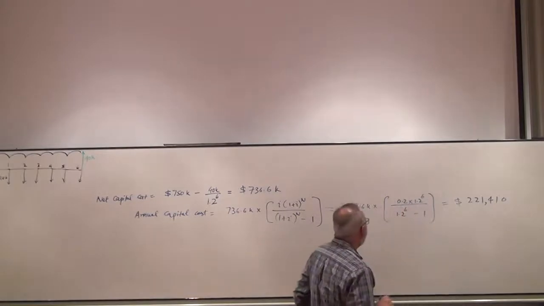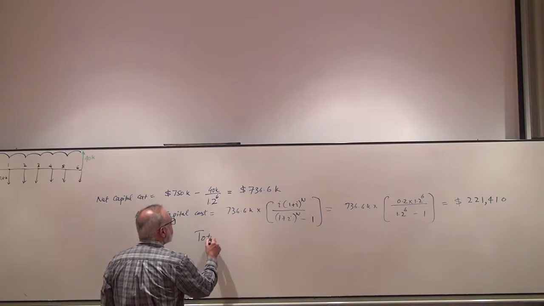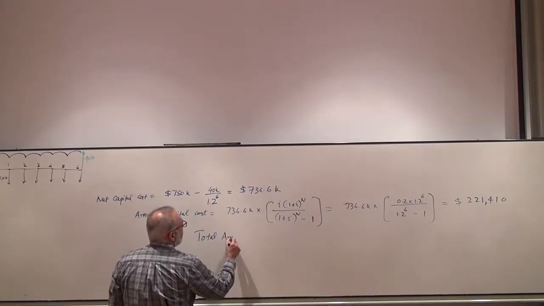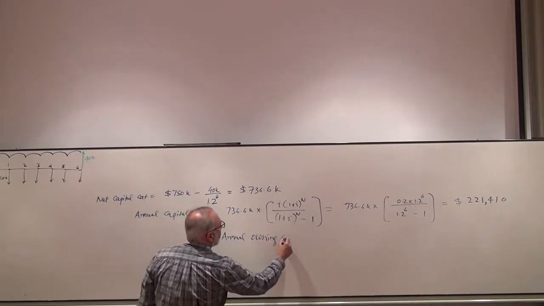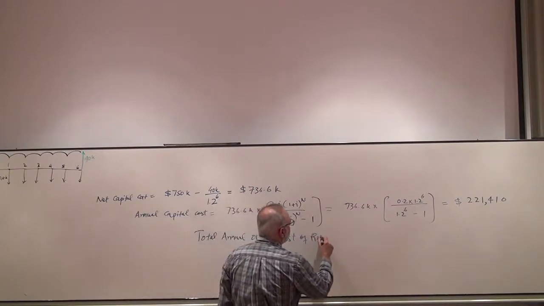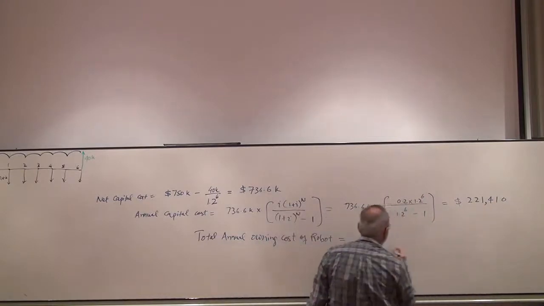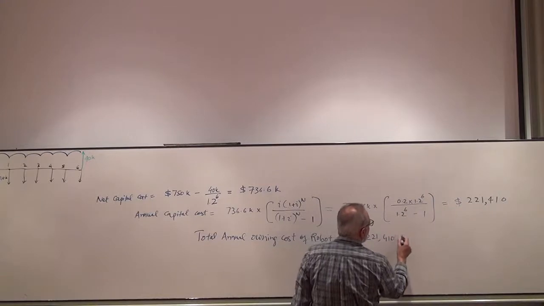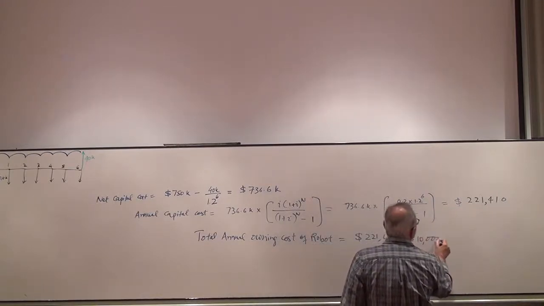And we have O&M cost also. We can say the total annual owning cost of robot is equal to this value, $221,410 plus we have $10,000 O&M cost.